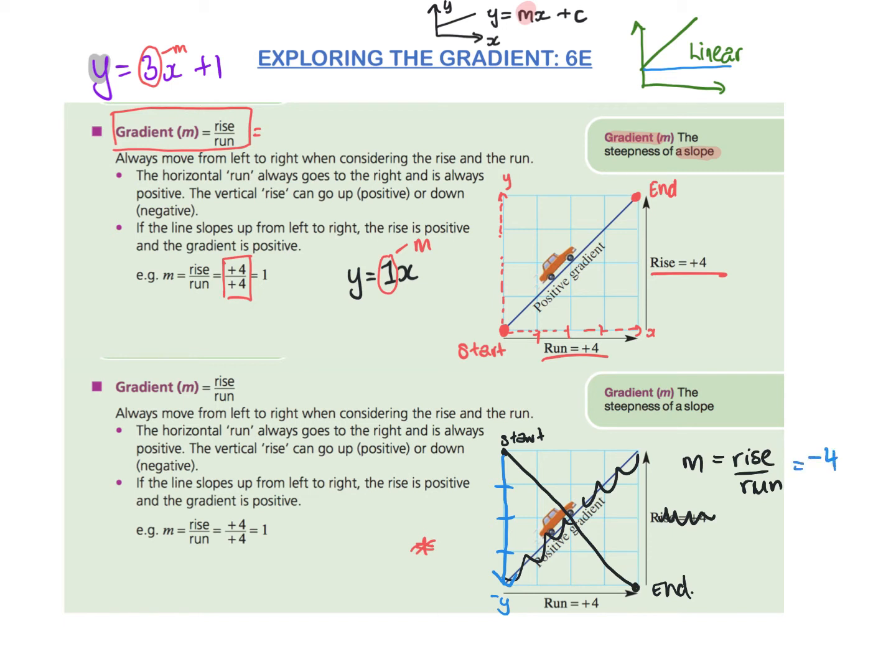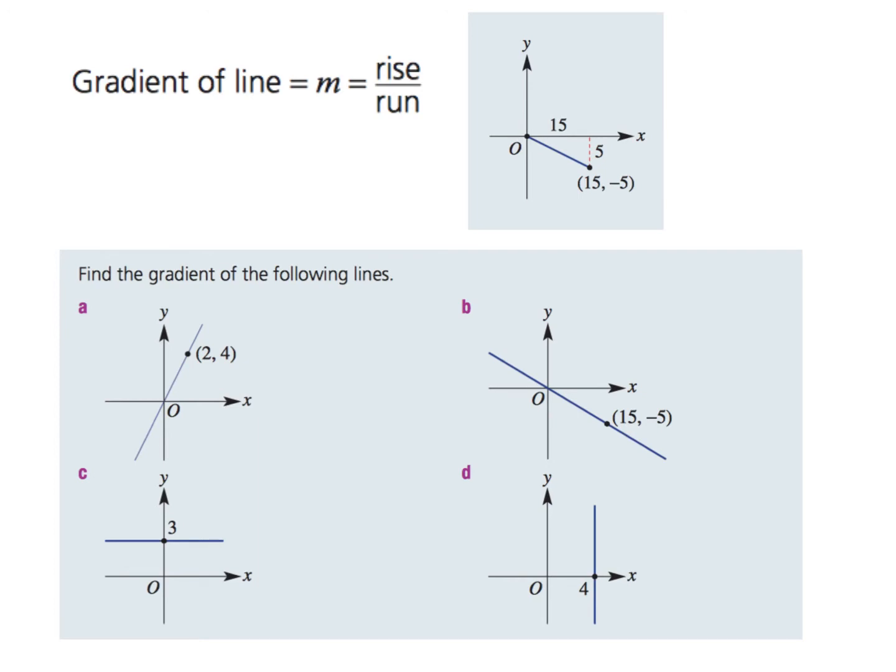With the x, or the run, we still went in the positive direction, so it's still 4. So this gradient would be negative. When you have a gradient that's sloping from left to right, going back down that way, that's a negative gradient. If we were writing the equation for this one, it'd be y equals, with a -1 in front of the x. Okay, so the gradient.